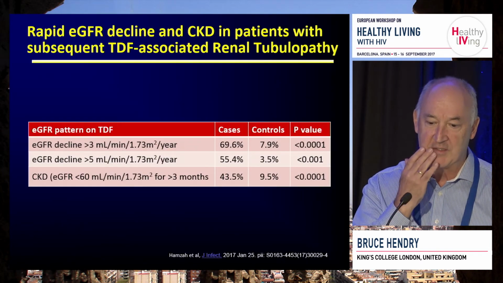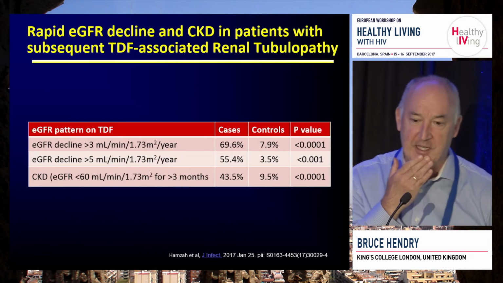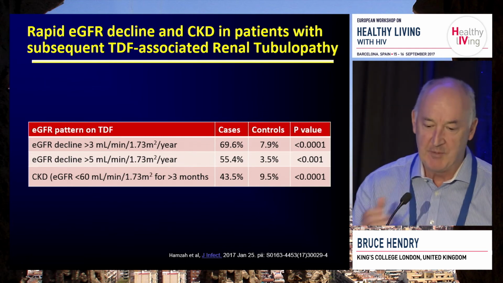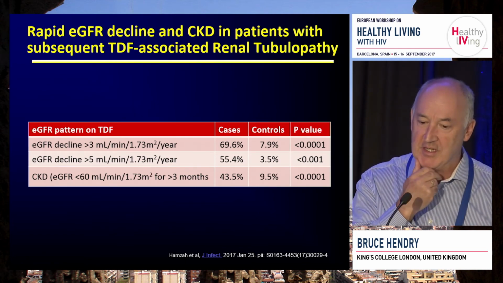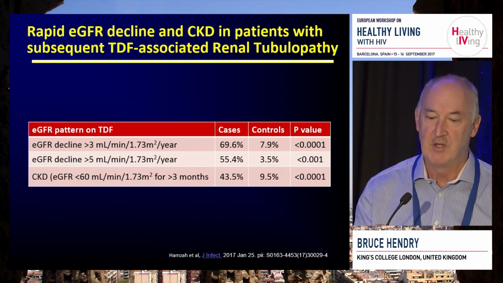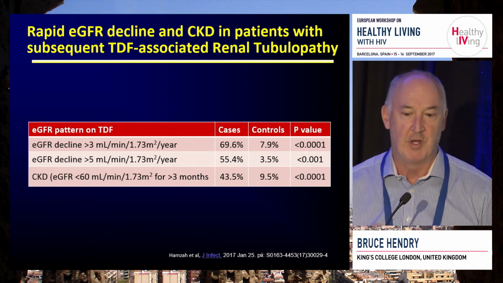A key question about TDF is how do you predict patients who really should be taken off the drug? And a study we published early this year tried to look at the antecedent renal function in patients on TDF who then developed a clear tubulopathy.